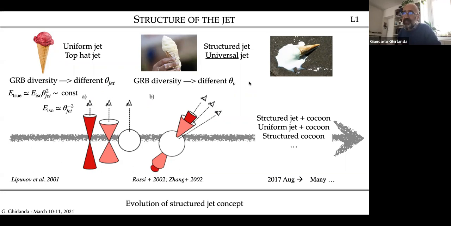But in general they are very realistic, in the sense that while this model here is very simple and can catch the gross features of the observed properties, what one should expect from a physical point of view is a much more complicated situation, where you have a jet with some angular structure, with maybe some sheath around it, which can be relativistic or mildly relativistic, in the form of a cocoon whose physical origin is different. Of course, by complicating the picture, the modeling of the data can become a bit more complicated.